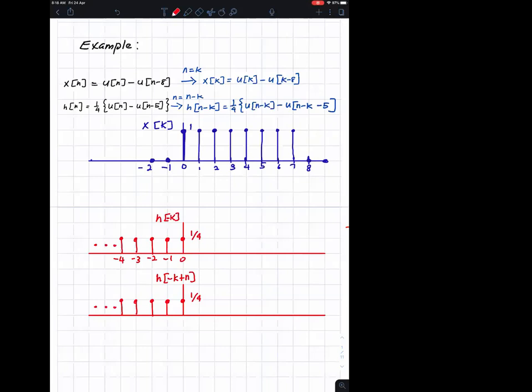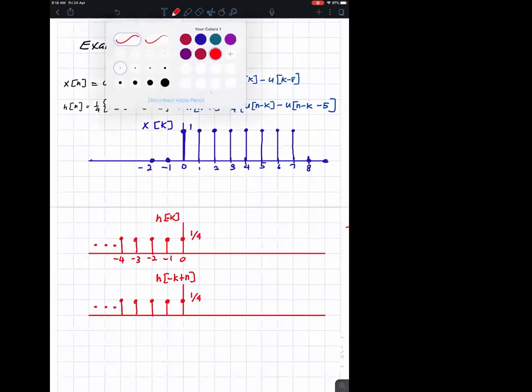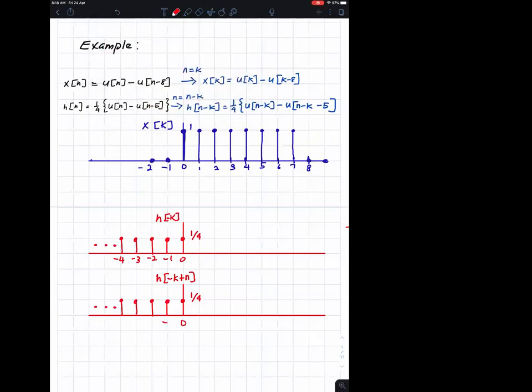Do you remember what you usually do when you have to add n? Let me write this. 0, -1, -2, -3, -4. So now you have plus n.